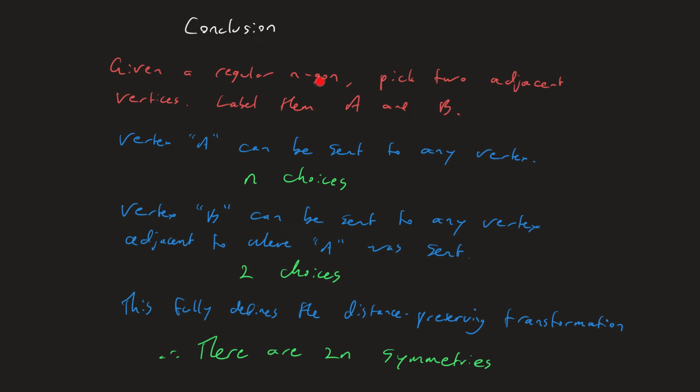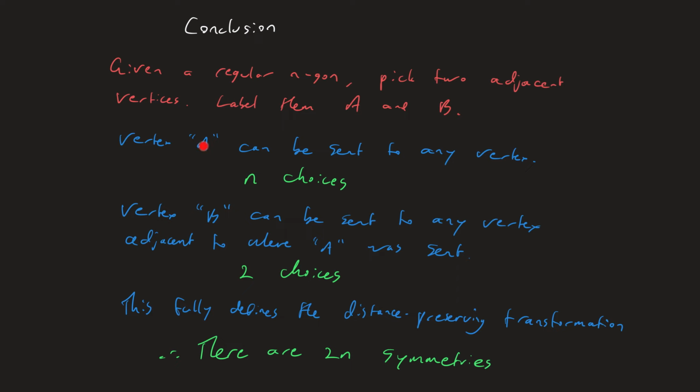Specifically, given a regular n-gon, we just have to pick 2 adjacent vertices, call them A and B. We know that any symmetry must send both A and B to other vertices, and moreover, it must send them to adjacent vertices. We now simply ask how many possible choices are there for where A goes and where B goes.